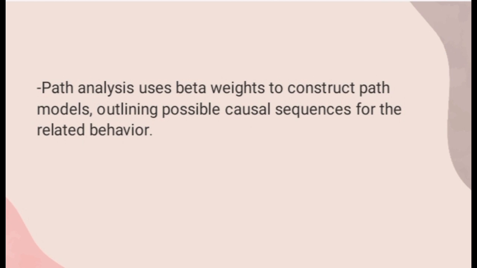A positive beta weight shows a positive relationship, meaning when one variable increases, the other variable tends to increase as well. While a negative beta weight shows a negative relationship. When one variable increases, the other variable tends to decrease.